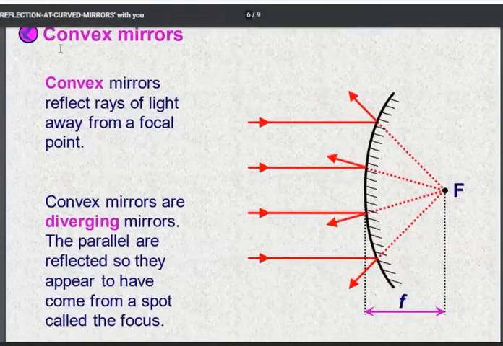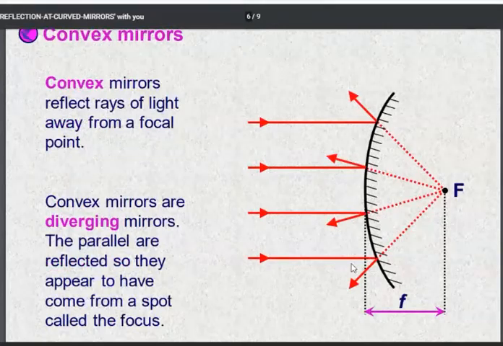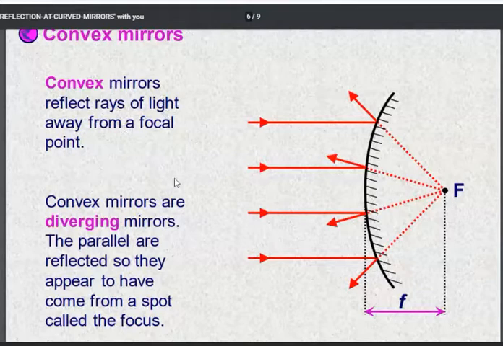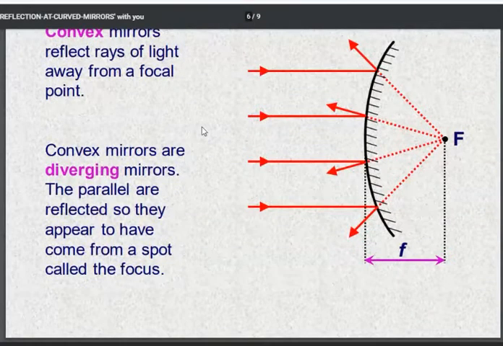Now this is the convex mirror. You see it is silvered from the backside. So a convex mirror reflects rays of light away from the focal point. This is the focal point, so it reflects away from the focal point. That's why a convex mirror is called a diverging mirror. A concave mirror is called a converging mirror.